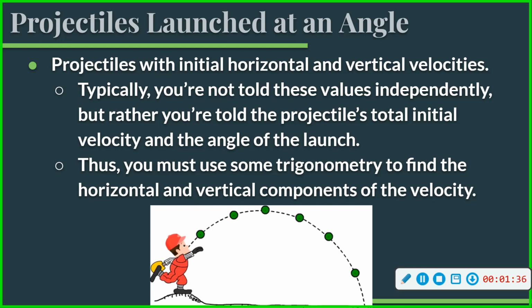So if you know the angle of launch and the speed with which it was launched, you can then break that using trigonometry into two pieces, right? A horizontal component of the velocity and a vertical component of the velocity that together add up to that value that you were given initially.